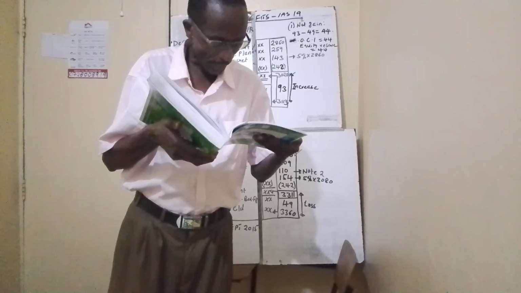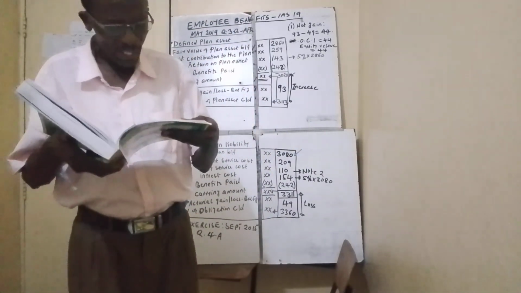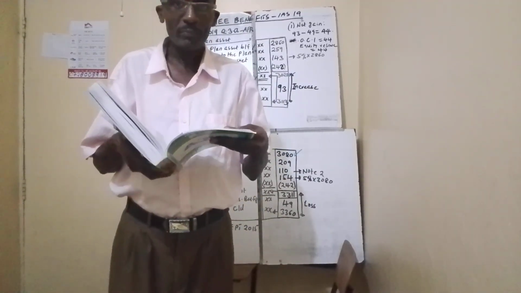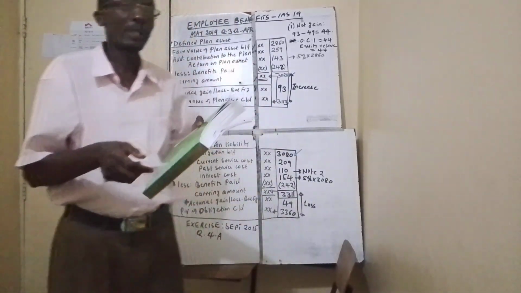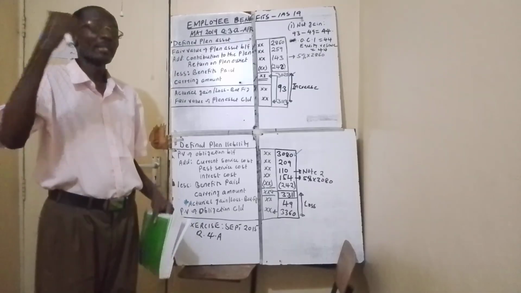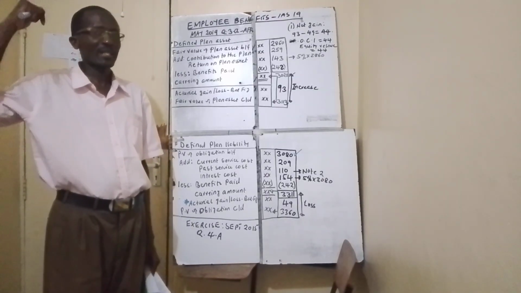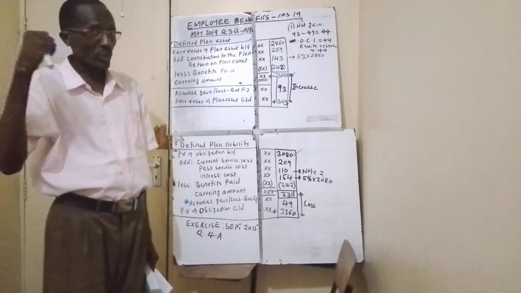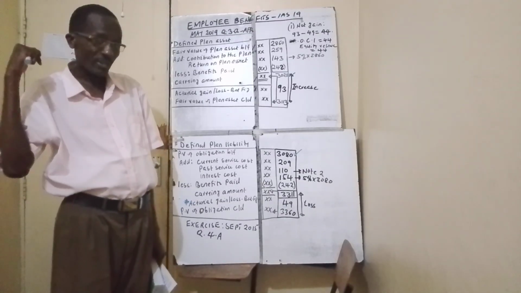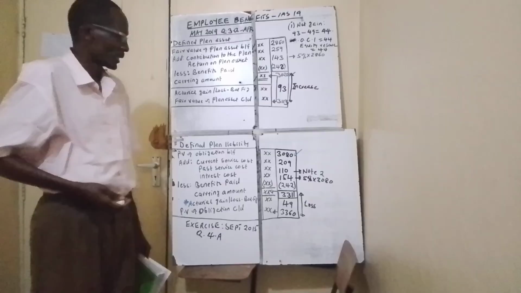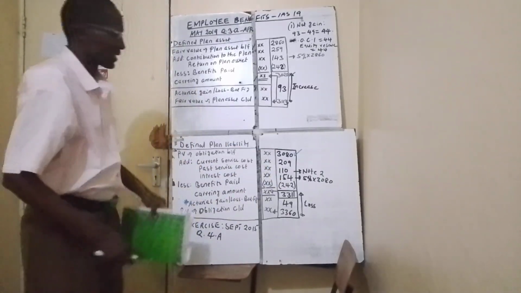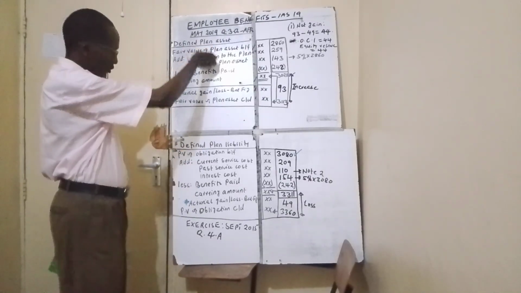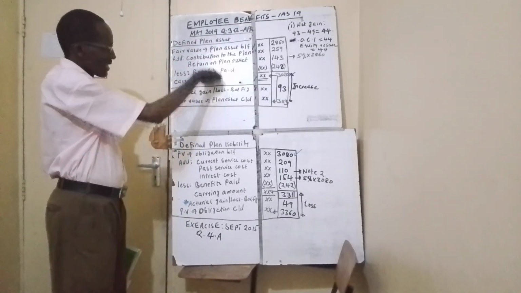That is the present value of the future benefit obligation as at 1st January. It is an obligation by 1st January 2018, meaning it was a closing balance as at 31st December 2017. So our closing balance from 2017 is the opening balance of the obligation, and that is what you are given there. So you just insert that number there because I believe you have understood all what appears here.